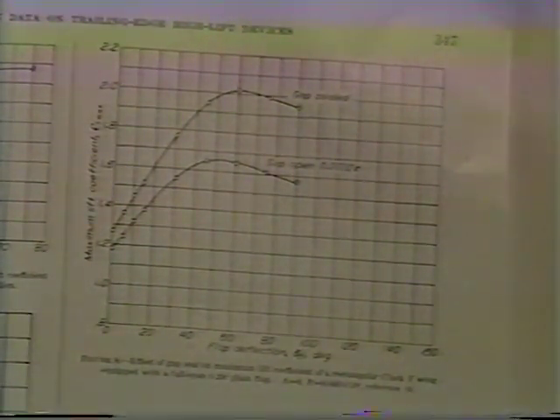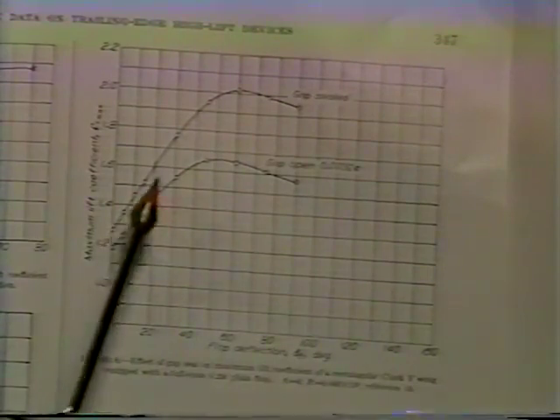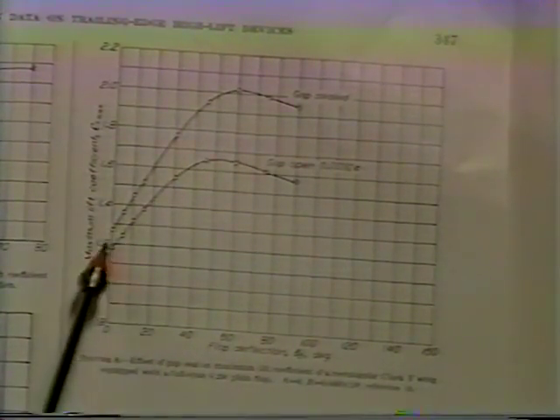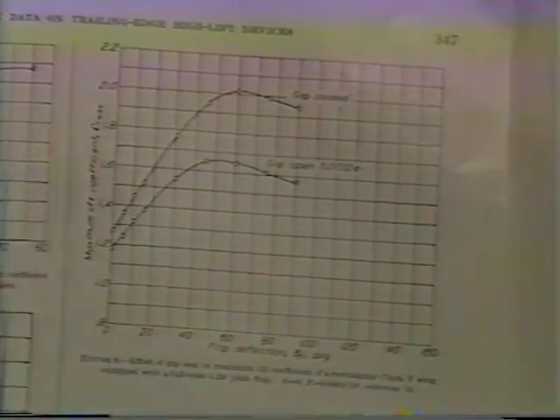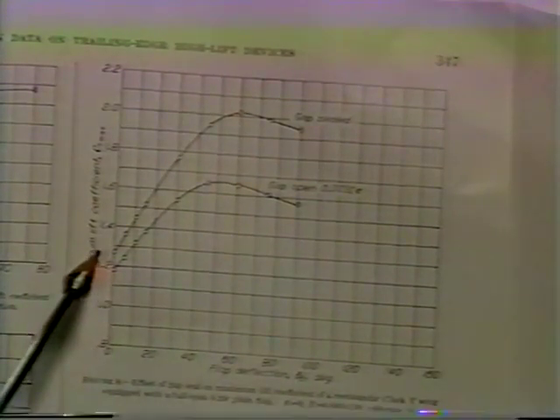Now this particular flap is 20% of the chord of the wing. Here with the gap open, you get an increase from 1.2 to a little over 1.6. But by sealing the gap, which even gives an increase in lift coefficient flaps up, you can go from 1.26 on up to about 2.0. So this is an important thing to remember.